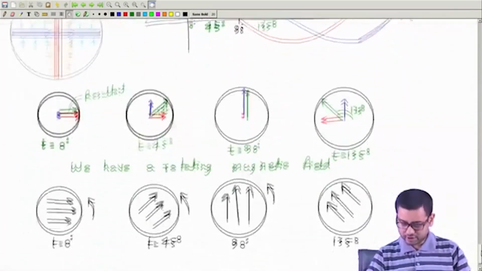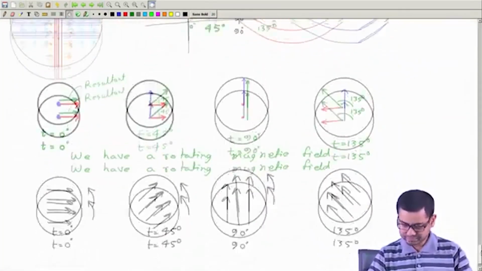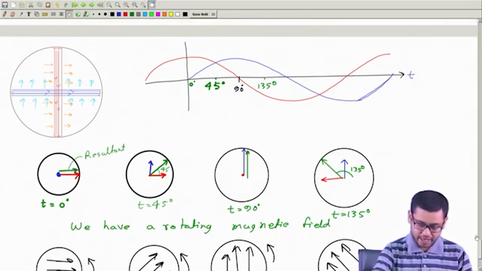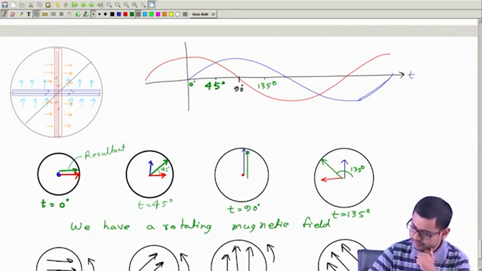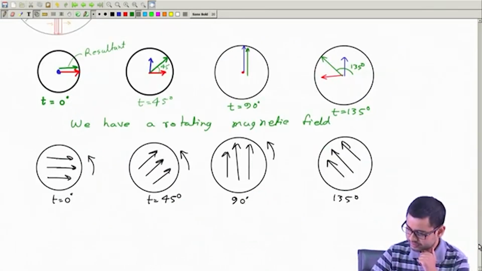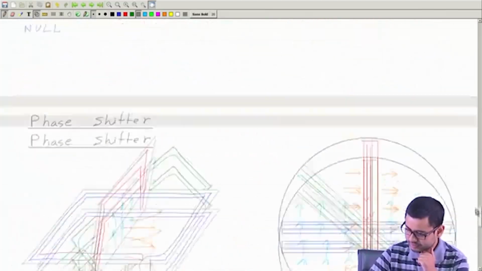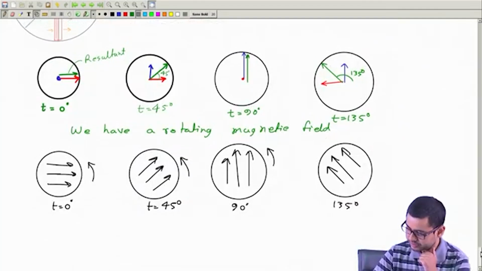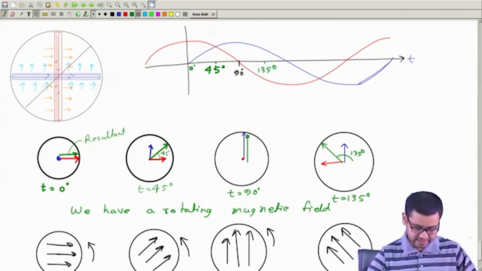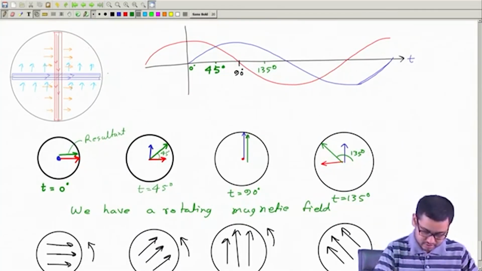So let's do some maths if you like. Say we have the third coil at an angle theta. So this is the third coil. Let me draw it in the same way as I did before.